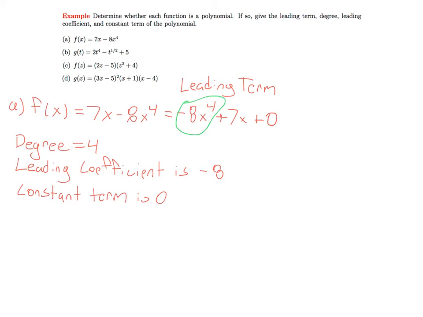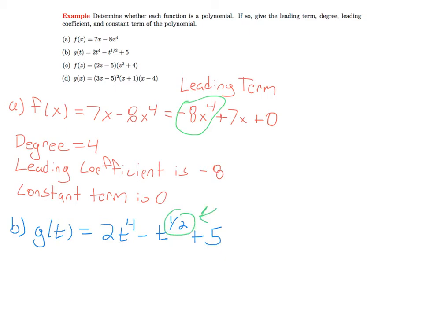In part B, we have g of t is equal to 2t to the fourth minus t to the 1/2 plus 5. And here we've got a problem.